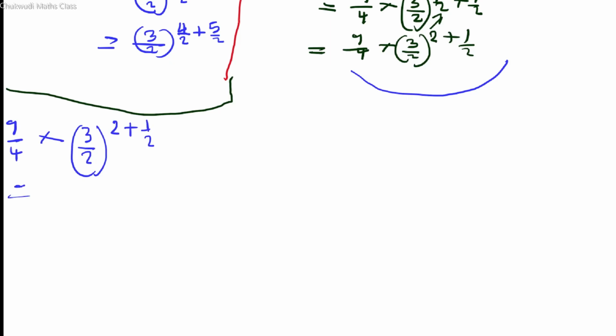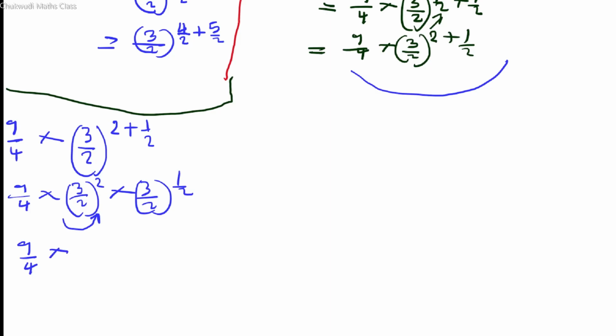This is equal to 9/4 multiplied by (3/2). Applying that multiplication law of indices, I have (3/2) raised to the power 2 multiplied by (3/2) raised to the power 1/2. This is equal to 9/4. You can see at this point that we have another exponent 2 outside the bracket. It belongs to everything inside the bracket.